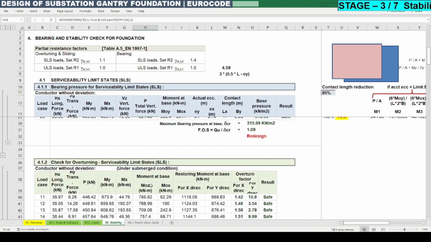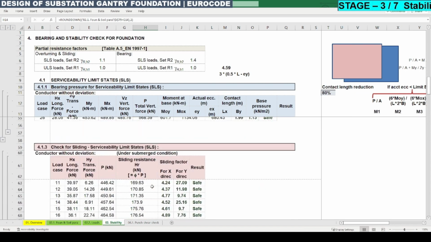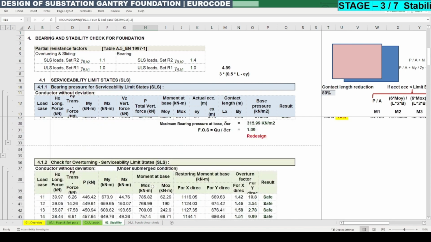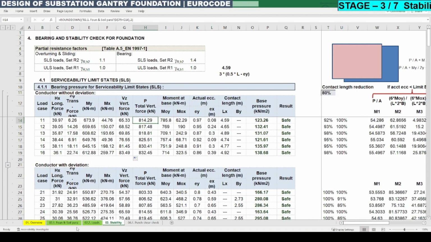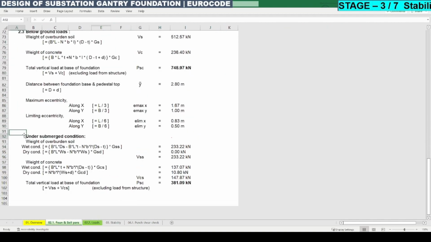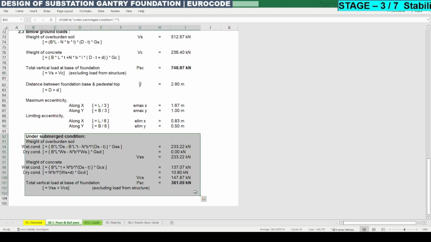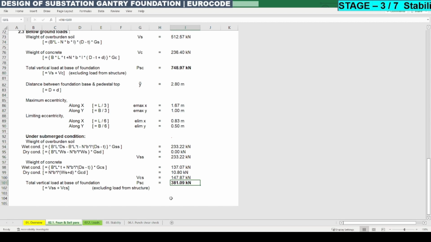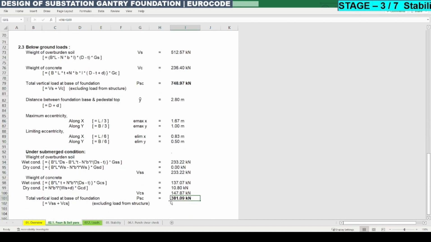For all other checks like overturning and sliding, we need to consider the submerged weight. That submerged weight we already calculated here. You can see in this calculation sheet of stage 2. It is 381 kilonewton for the submerged case, but for the dry weight it is 748 or 749 kN.